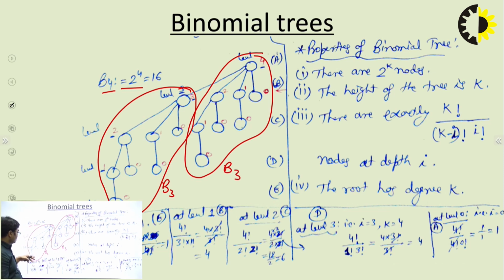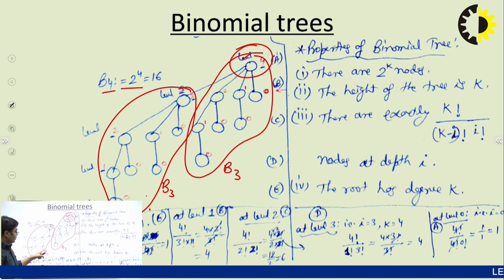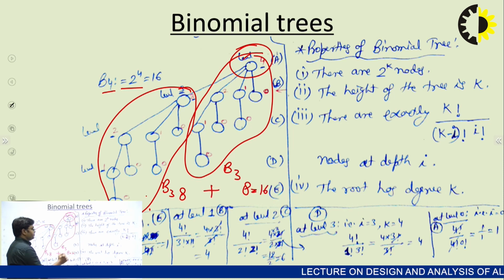The levels are 0, 1, 0, 2, 0, 1, 0, 3, meaning 0, 1, 2, 3. When two B3s are combined together, it becomes level 4. The total is 16 nodes, because one B3 has 8 nodes and two B3s are combined, so total nodes equal 16.